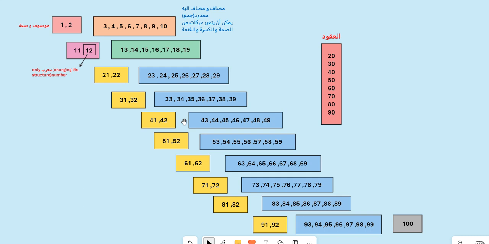The only important rules that you have to repeat and repeat are the rules of 1 and 2, 3 to 10, 11 and 12, 13 to 19, and the uquds. So inshallah, it will be easier for you to understand now. And I have given 100 a separate color. That means number 100 has a different rule. So now let's go and check the next topic.